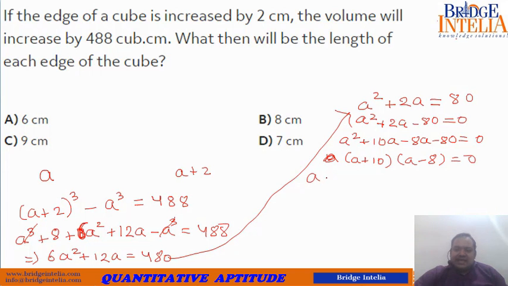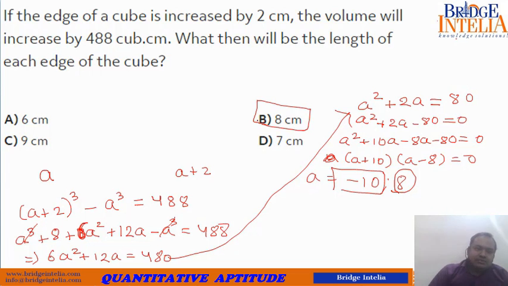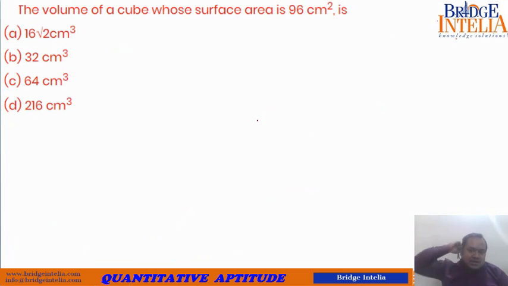So A is either equal to minus 10 or 8. But a negative value is just not possible because we are talking about a cube. So the original length is 8 centimeter. A comes out to be equal to 8 centimeters. Now let's move to this one. The volume of a cube whose surface area is 96 centimeter square will be equal to what?